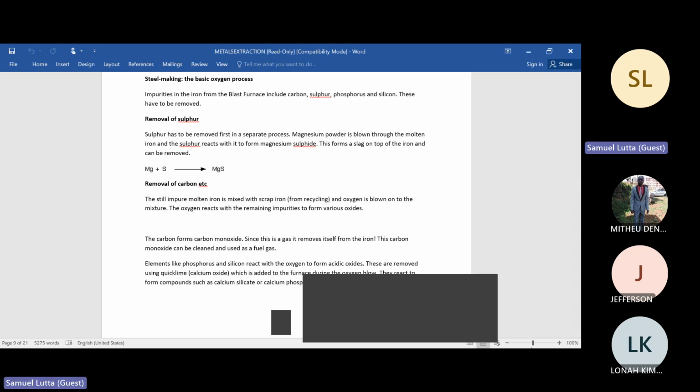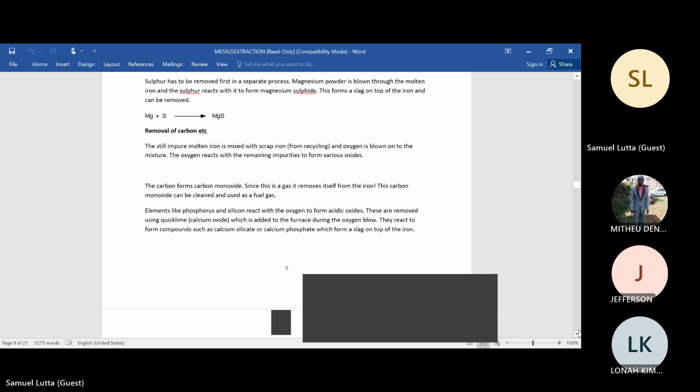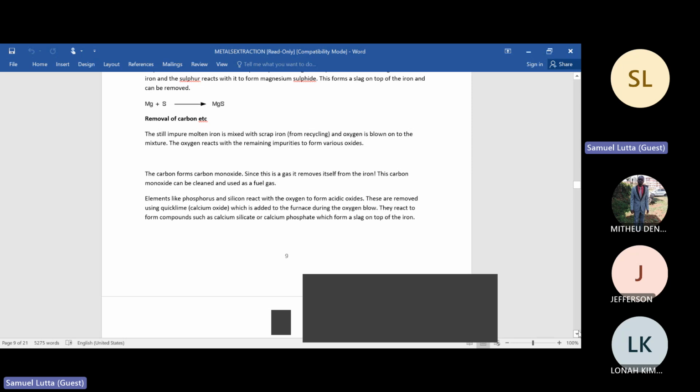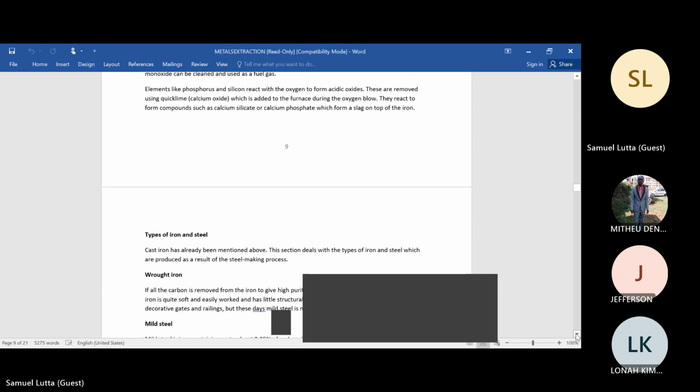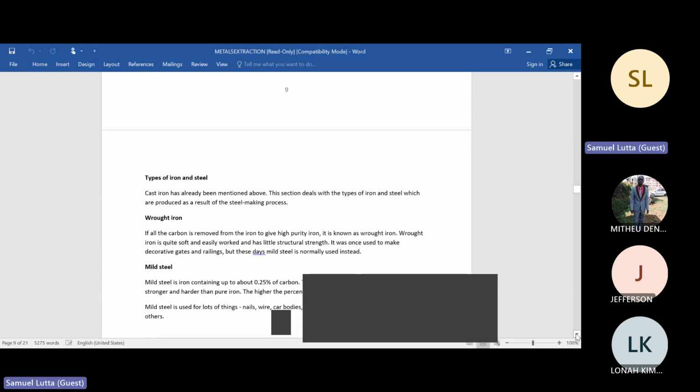Carbon can be removed further by reacting with oxygen to form carbon monoxide, and this can go as a gas to leave the iron. So for this type of iron, steel iron is normally purified. As mentioned above, it is a pure form of iron, and it is used to make many things.